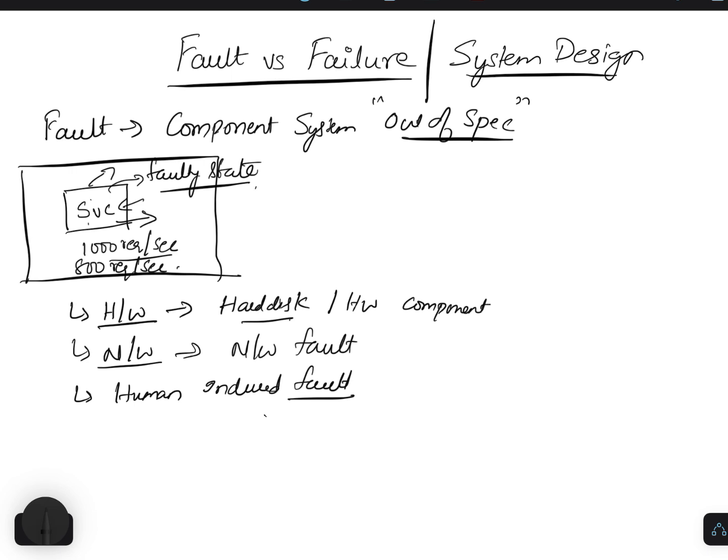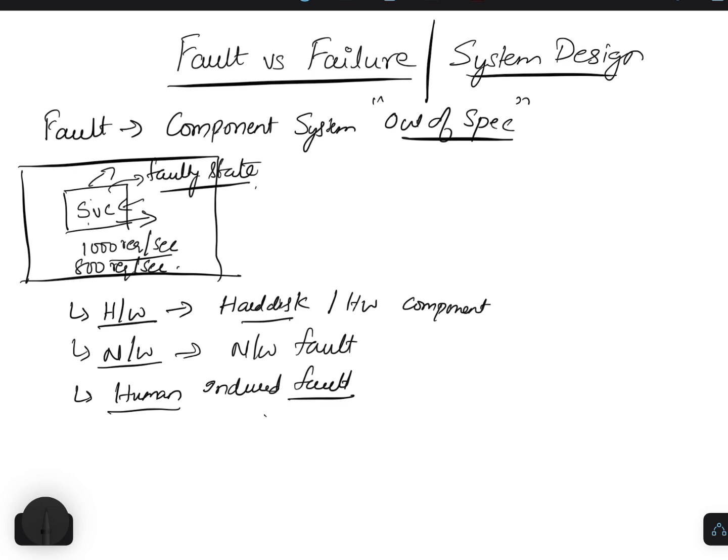In that case, the component will behave in a fashion that is not expected of it, and it becomes faulty because of an induced human error.